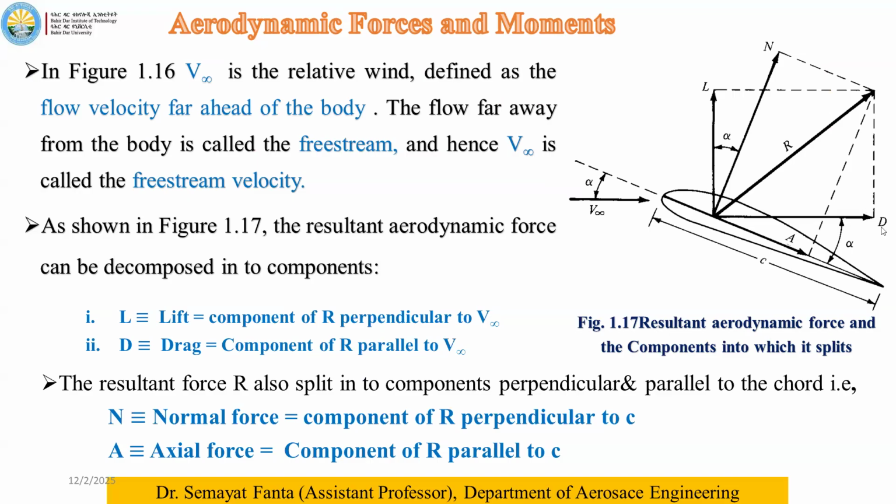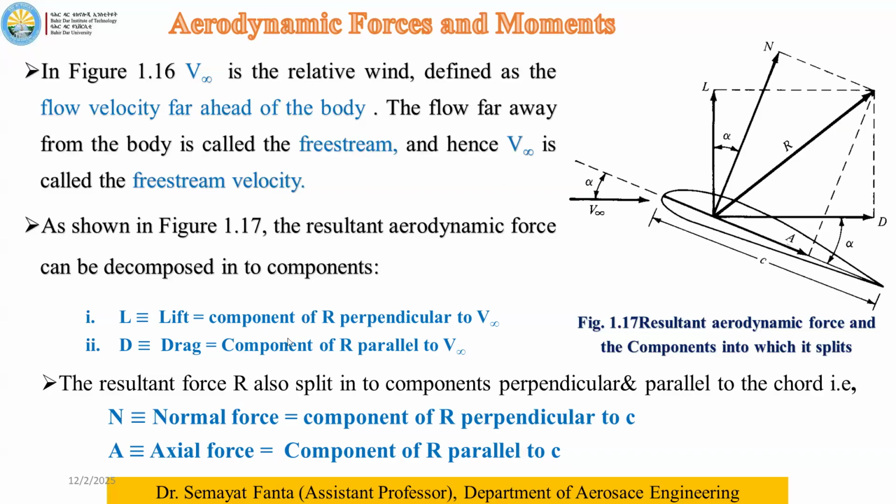Lift and drag are the ones which we need critically, but the force components along and perpendicular to the flight path are the normal force and axial force. Axial force is along the chord line, and normal is perpendicular to the chord line. So we resolve the resultant force R into either lift and drag components, or the N and A components. So that is the way.